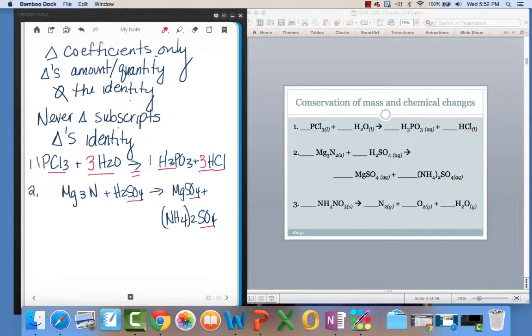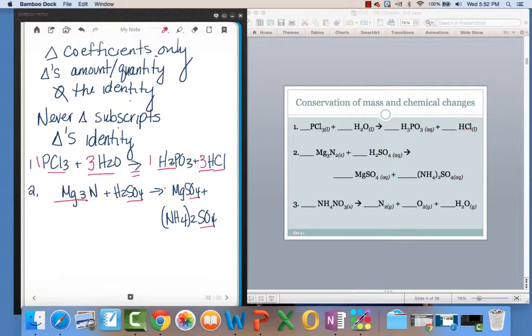So I might be tempted to put a 2 here. However, I notice that Mg is attached to this SO4, so I have to worry about my Mg's, because I have 3 here and only 1 here, which is going to affect my SO4. So I'm going to start with the Mg's on this one. I have 3.